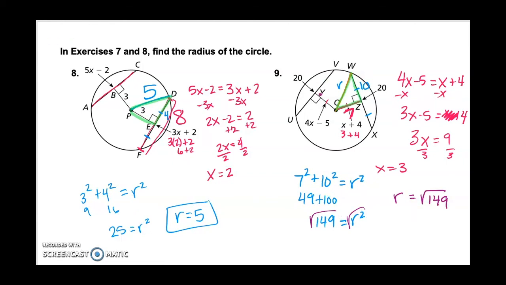Now it didn't say round to the nearest tenth or round to the nearest hundredth or anything like that, so we should be leaving our answer exact. On your homework, unless it specifies what to round to, you should leave it exact. If it wanted an approximate answer, we could absolutely put it in a calculator, but we will leave it the way that it is, and that is our answer for that one.